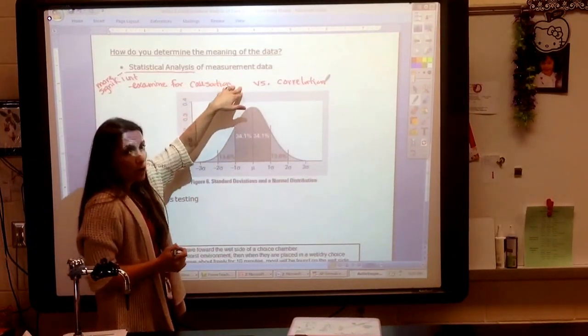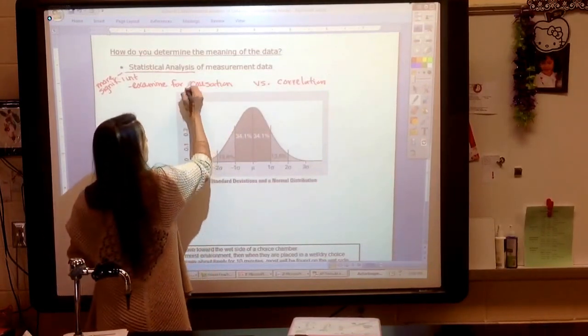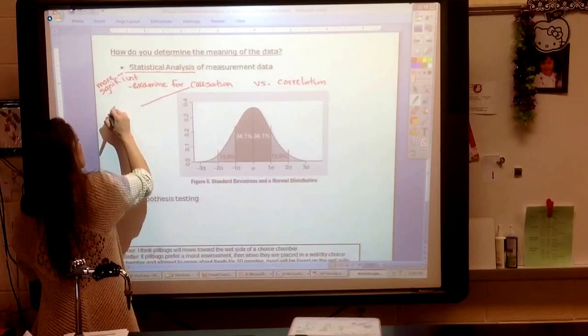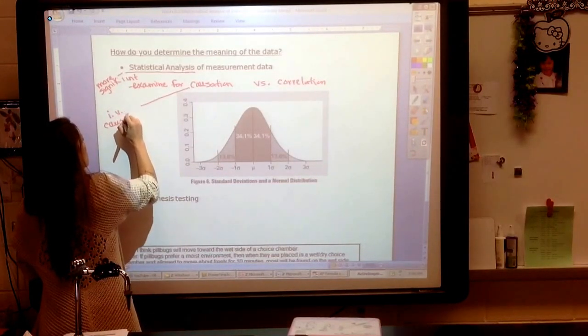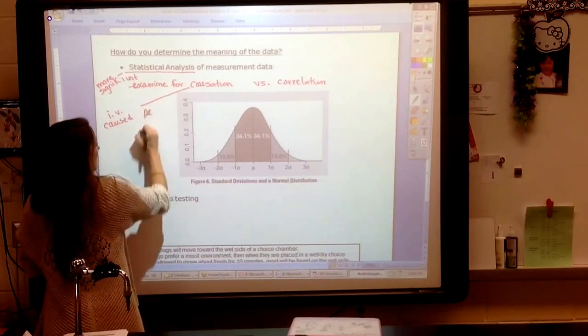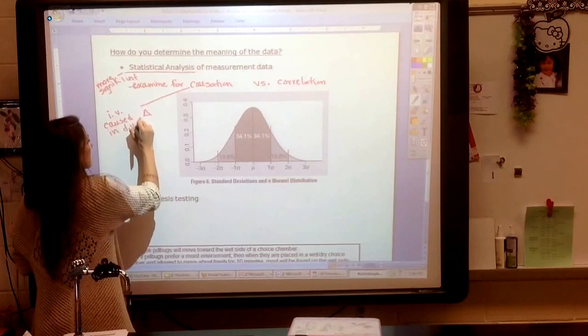Causation is where we can say there is a deliberate relationship. So causation means that the independent variable caused any change, delta, this triangle means change, in the dependent variable.